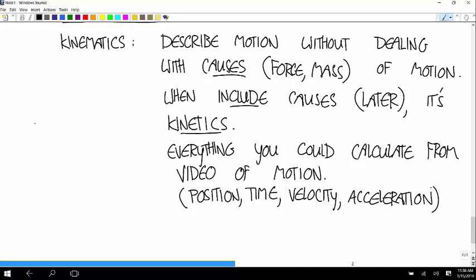So kinematics is going to be relationships between position, time, velocity, and acceleration. So that's sort of another way to think about it.